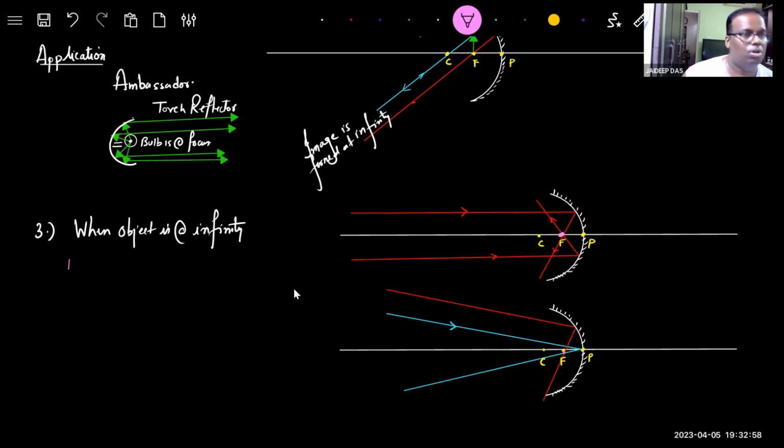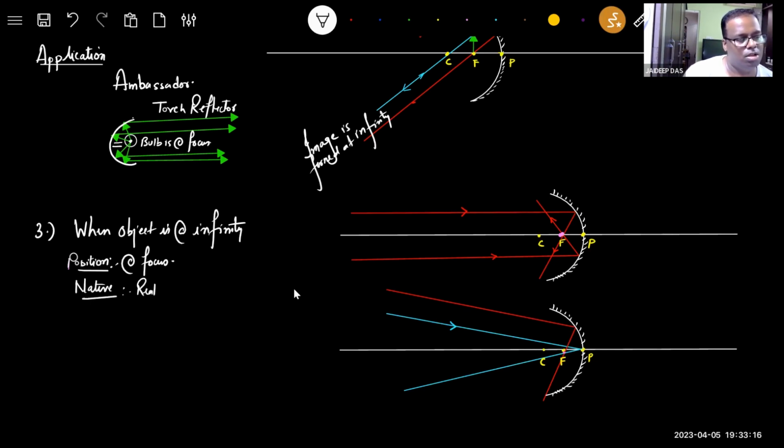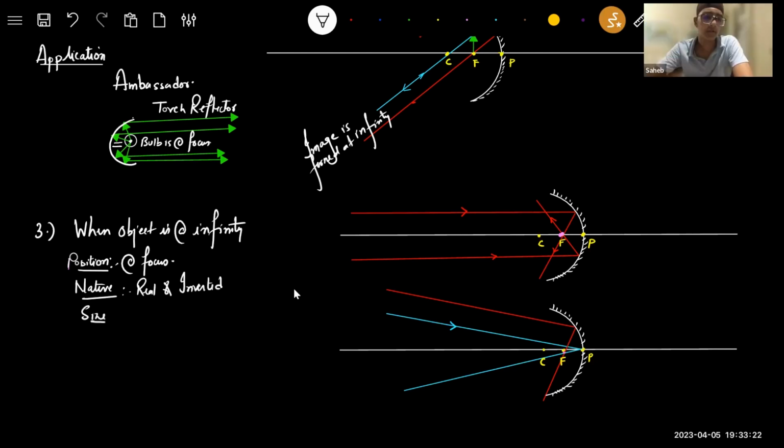So let's talk about our same things. Position. Position is at focus. Then nature, real, and inverted. Size. So the reflected ray is passing through the focus, right?